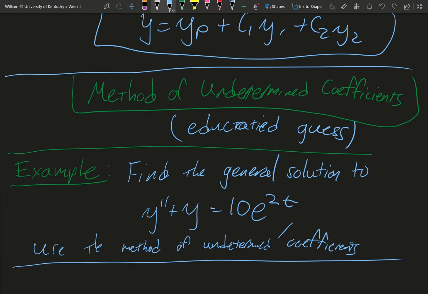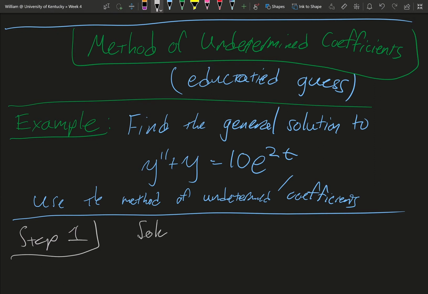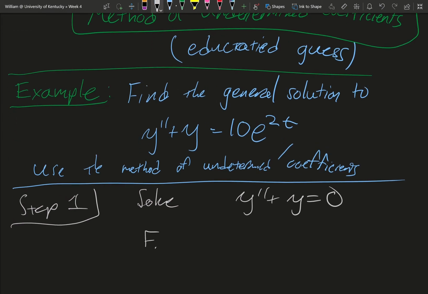Okay. So step 1, solve the complementary equation. And we should get that our fundamental set of solutions is cosine t, sine t.